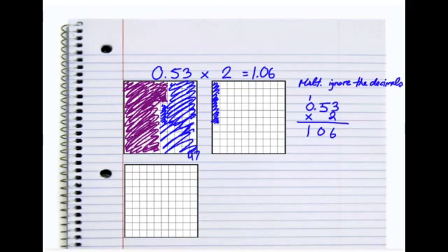Now I want to figure out how many digits I have to the right of the decimal in each of my factors. So how many decimal places do I have? Well, in this problem specifically, in the first factor, I have 2 decimal places.